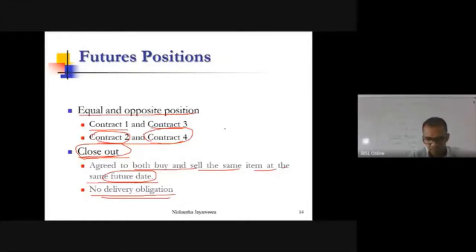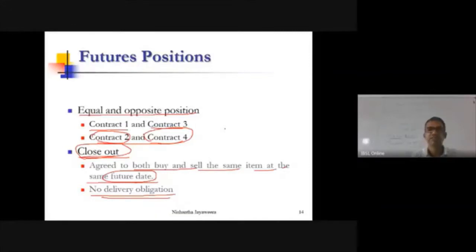So, for example, a euro dollar contract may be traded in the Tokyo exchange as well as the Chicago exchange. Then we consider them as two different futures contracts. You can sell it in the Tokyo exchange and buy it in the Chicago exchange, but those two are considered as two separate contracts.